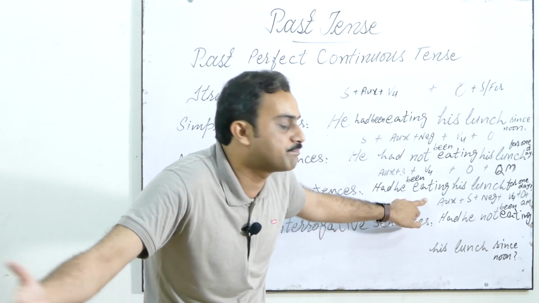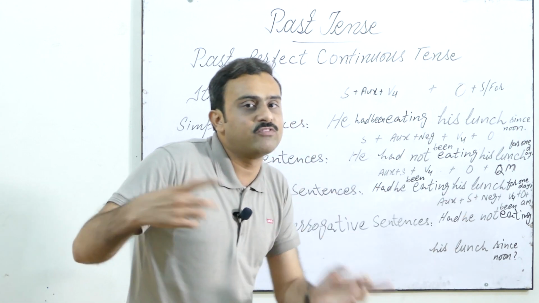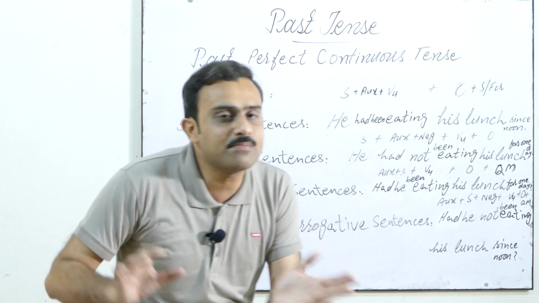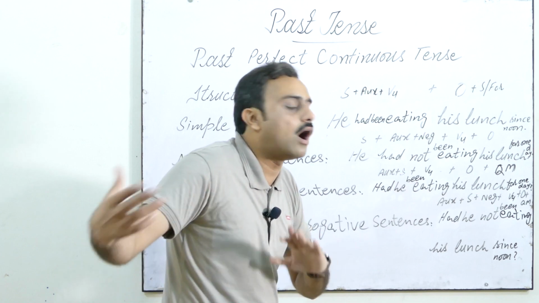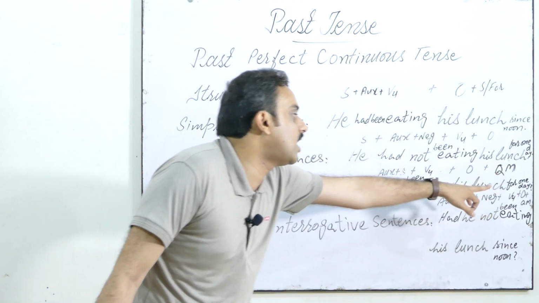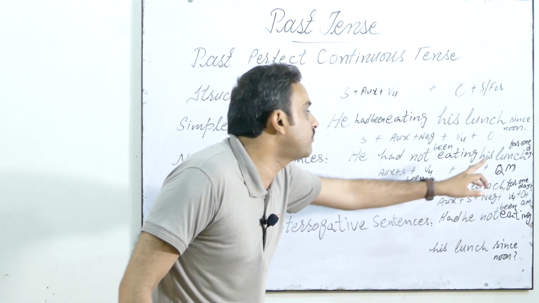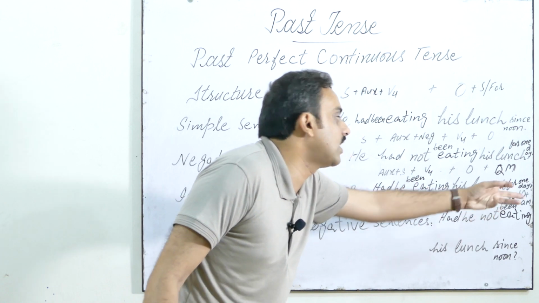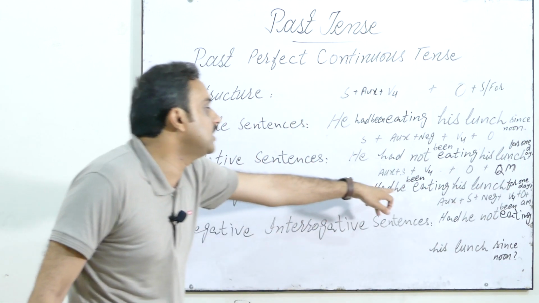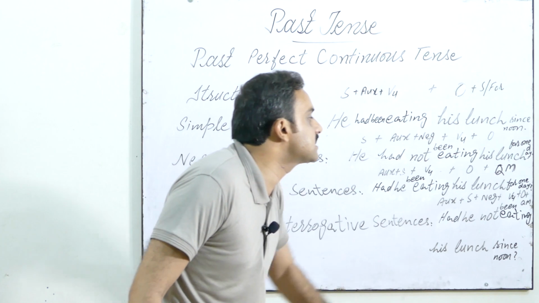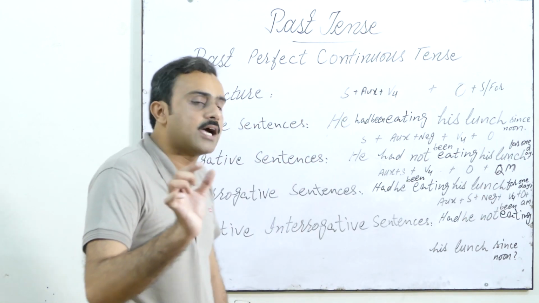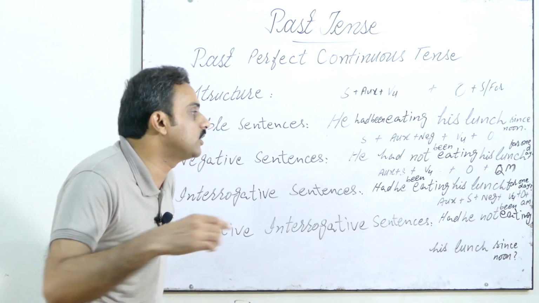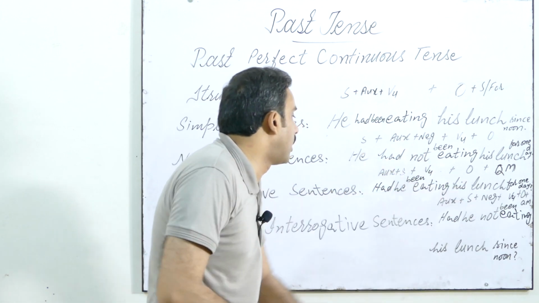V4 means present participle, the first form of the verb with the addition of morpheme ing. And then his lunch is your object, and then the question mark, and before the question mark we again have a preposition. So: had he been eating his lunch for one day? For one day, again the time duration is limited, so I used the preposition for.